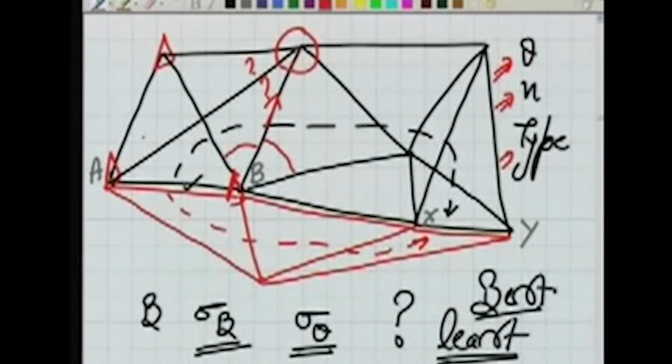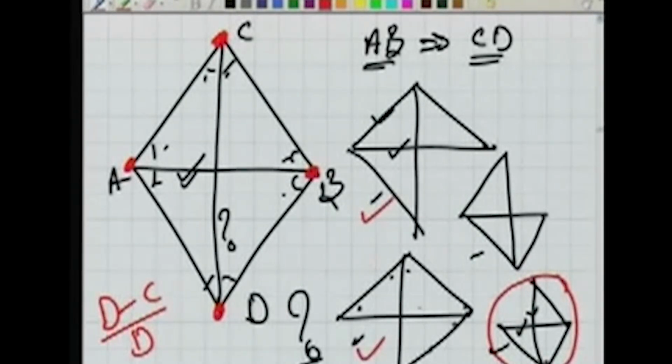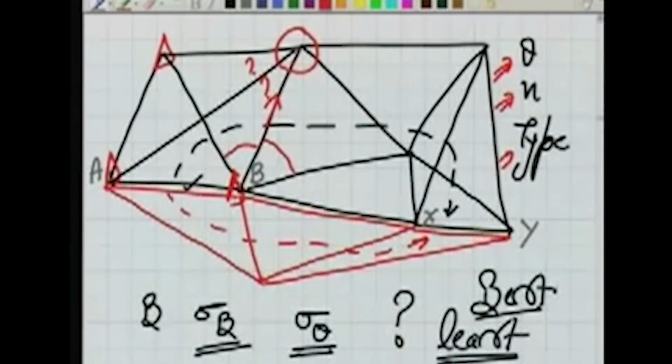Whichever route we compute from, let us say in this example, if this is occupied, this is occupied, we can compute the value of D minus C by D. Whichever route I am doing my computation from, this value will be the same. So this value is actually useful in order to help us separate two different figures.